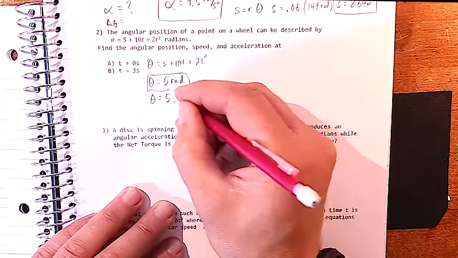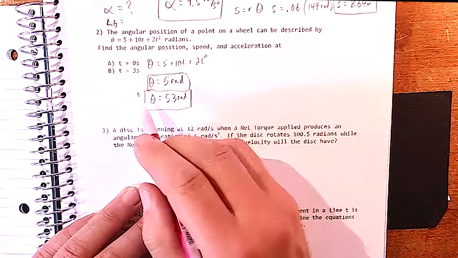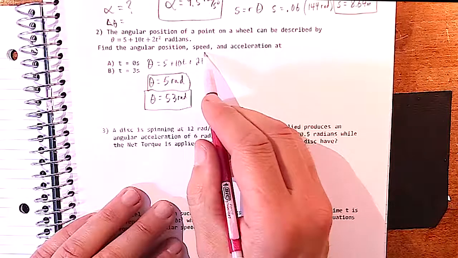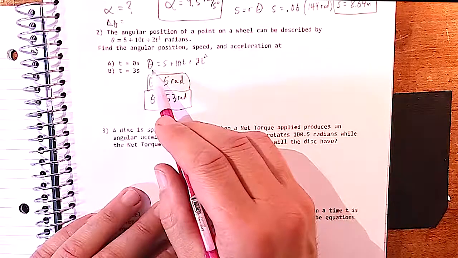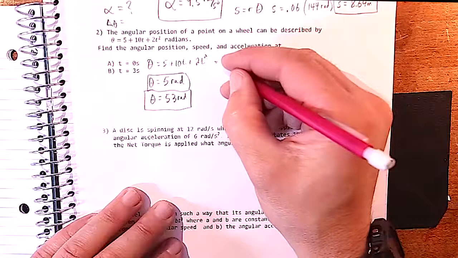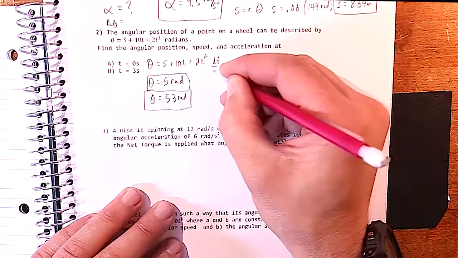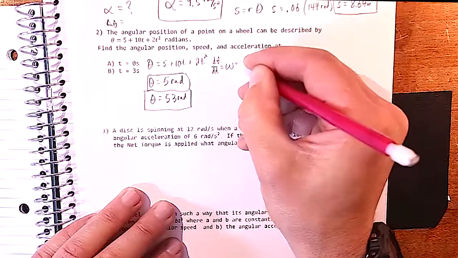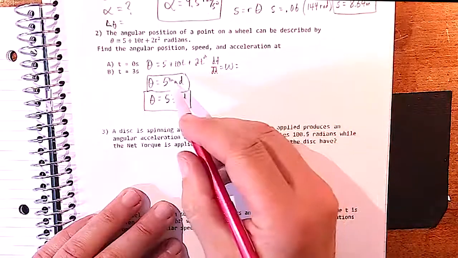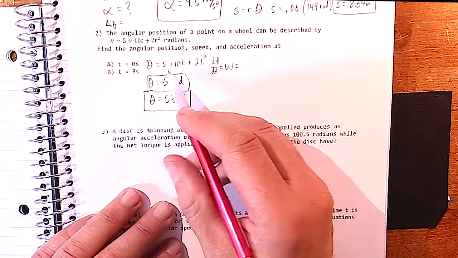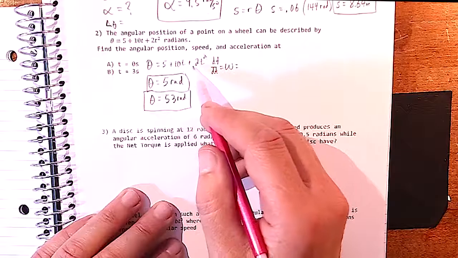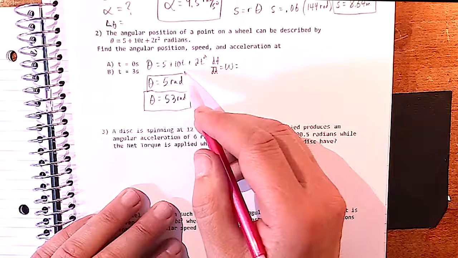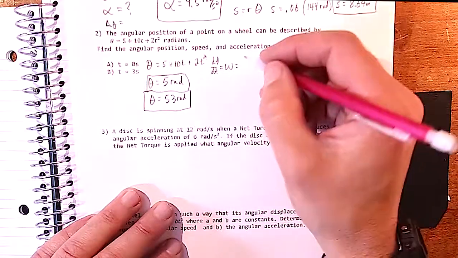But it gets a little bit more tricky when we're solving for the speed. Because what is the speed? Well, the speed is d theta dt. In other words, it's the first derivative. So what we need is the first derivative of this formula. Well, the 5 will go away, the 10t becomes 10, and the 2t squared becomes 4t.